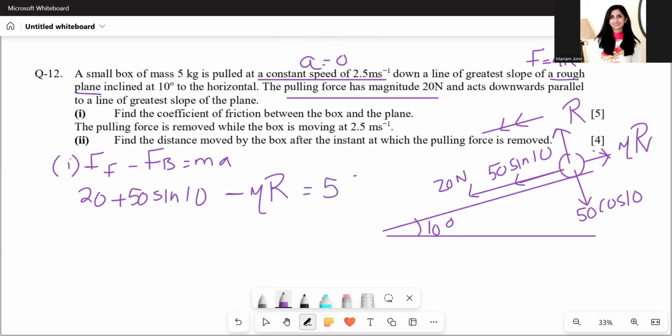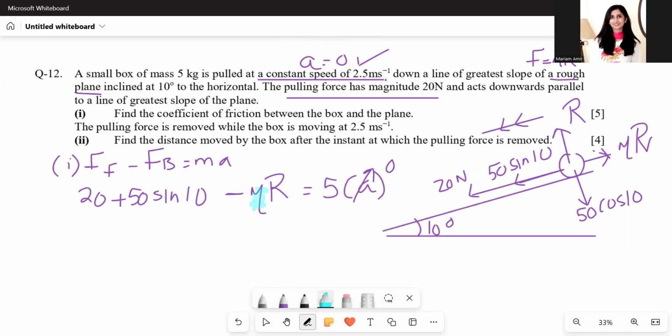Mass is 5. Acceleration is going to be 0 since it's constant speed. Okay, now we have to find the value of mu, and R in this direction is equals to 50 cos 10, since these two forces cancel each other out. So R is going to be 50 cos 10.